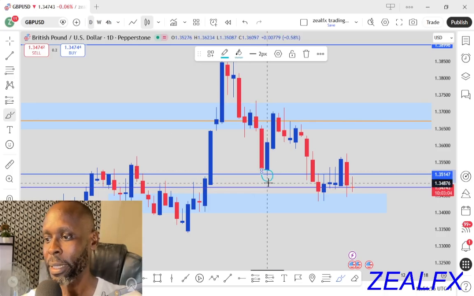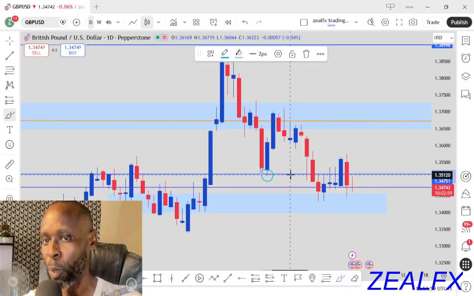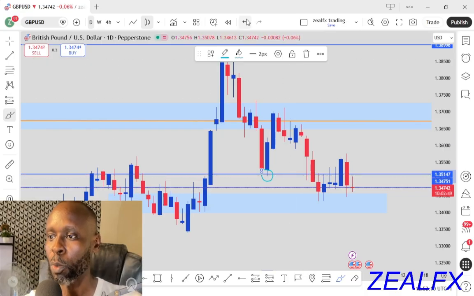Price closed below this support level, converting this support level to resistance. This is a sign of strong bearish momentum building up for the pound USD, indicating we are expecting price to continue to push lower to the downside for the pound USD.